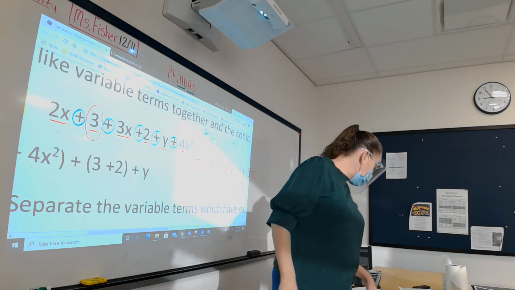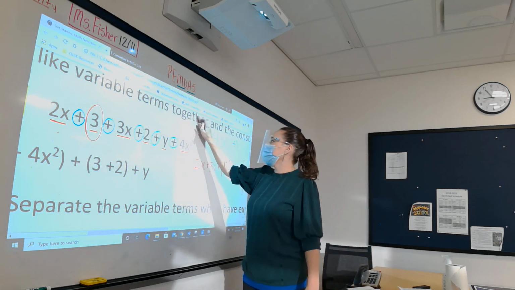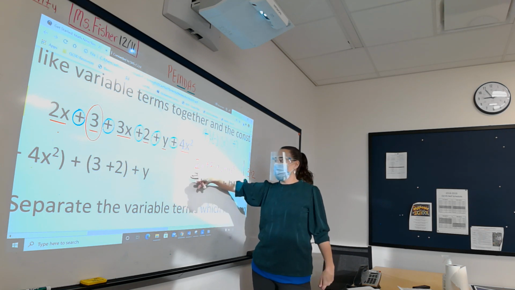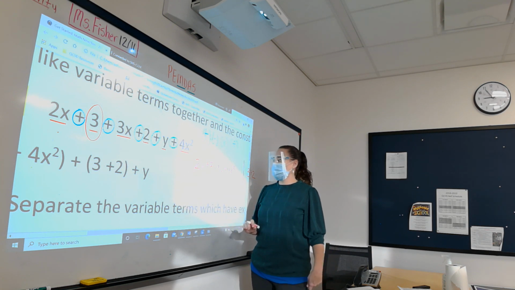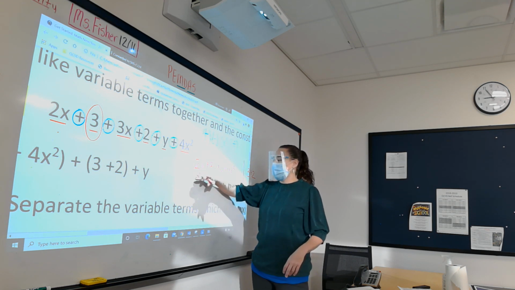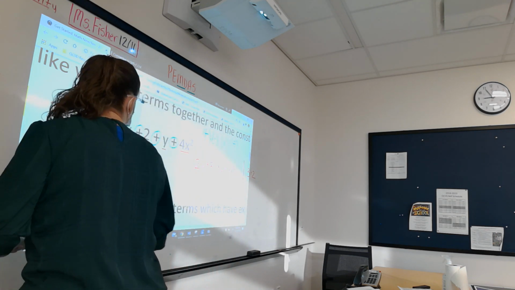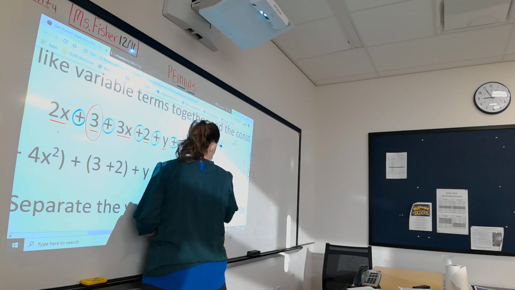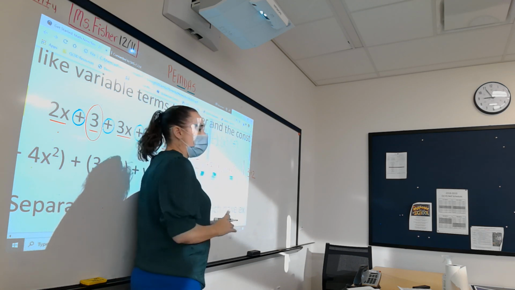Okay, step 2, we'll get to that. We still didn't finish this step. So now you got to look at your variables and you have to divide again. Okay, so you got to separate the variables that have the same letter. So I have x's and I have a y. Okay, so this x, and I see an x. I'm going to put the y somewhere else.